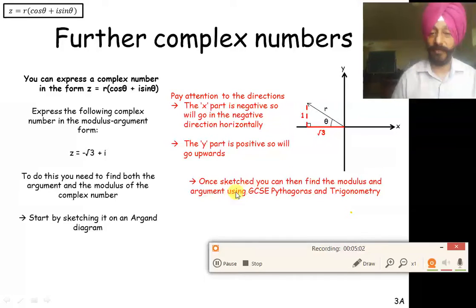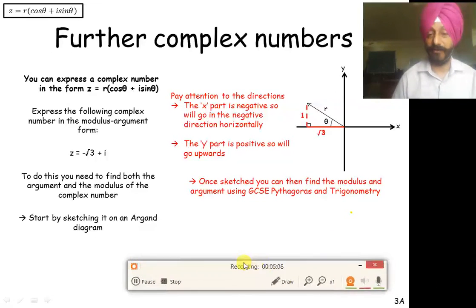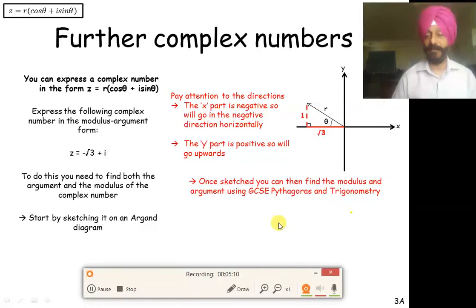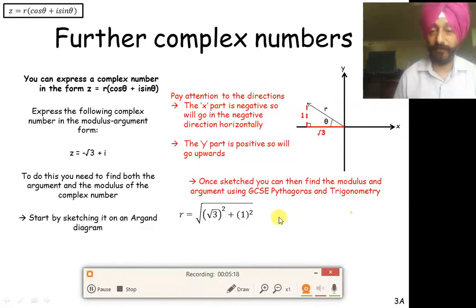Now on the sketch, you can find the modulus and argument using Pythagoras and trigonometry. So what is r? R is equal to the square root of x square plus y square. So r becomes the square root of root 3 square plus 1 square, that is 3 plus 1.